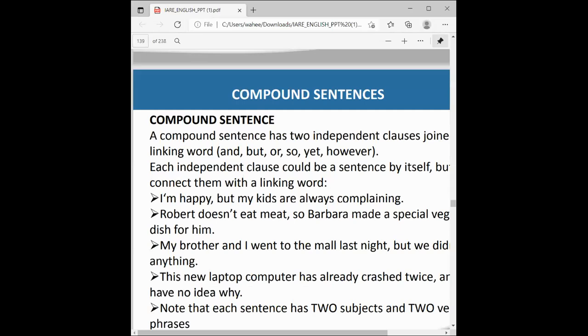Then the compound-complex sentence says, for the same example, even though I do not make much money, and since we cannot afford to buy the newest toys, it becomes here the dependent clause is added. The dependent clause is there. I'm happy, but my kids are always complaining. It is the independent clause.